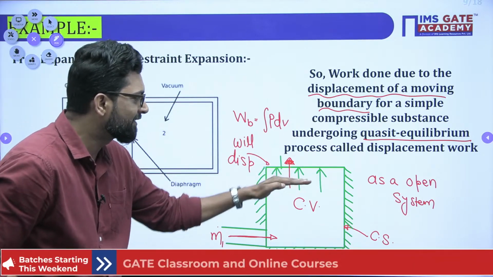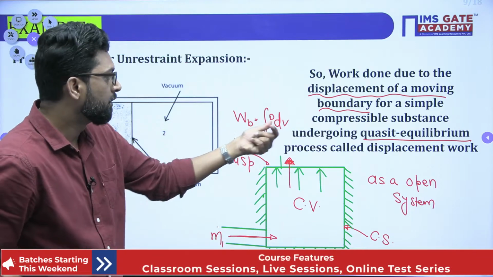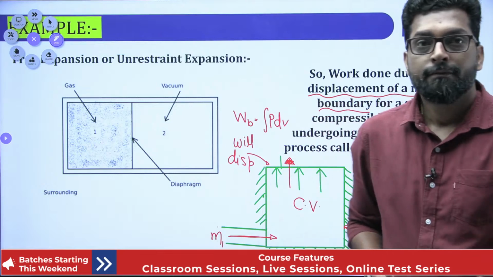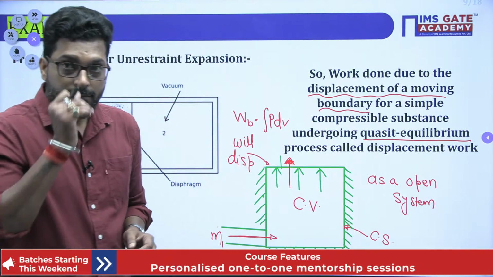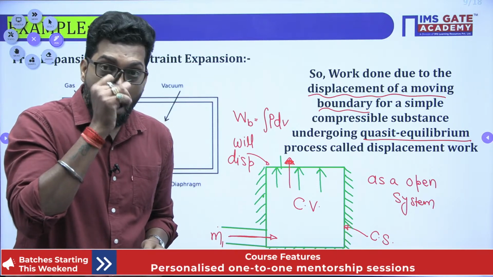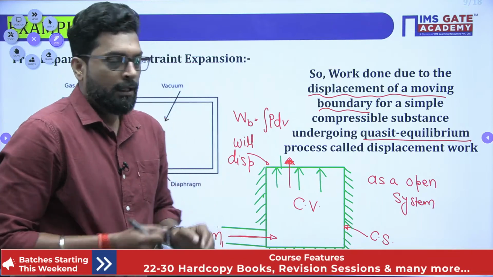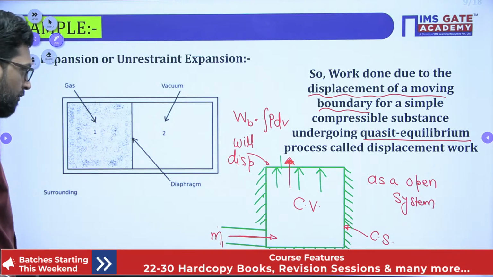So in this condition, what work is associated with the displacement? PdV, though the system is open. Okay, it is clear? Is there any confusion, Atul? Please ask me. Okay, so only there is a displacement. No problem at all.